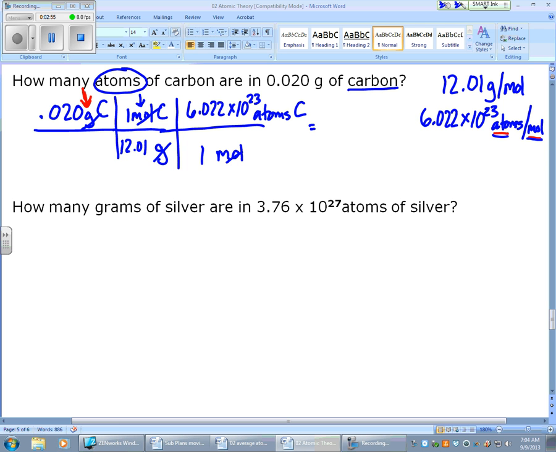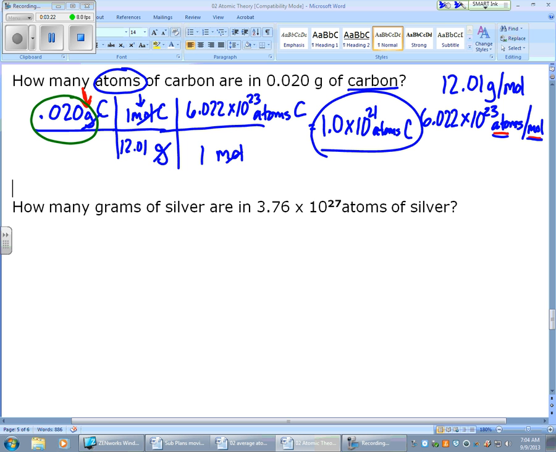With the number that they gave us in the problem, that's the only thing I base my sig figs on. I have 2 sig figs because the others are leading zeros. So I need 2 sig figs in my answer: 1.0, and then I need to look all the way to the end of my calculator, times 10 to the 21st atoms of carbon. And that's the answer that we need with the correct number of sig figs.